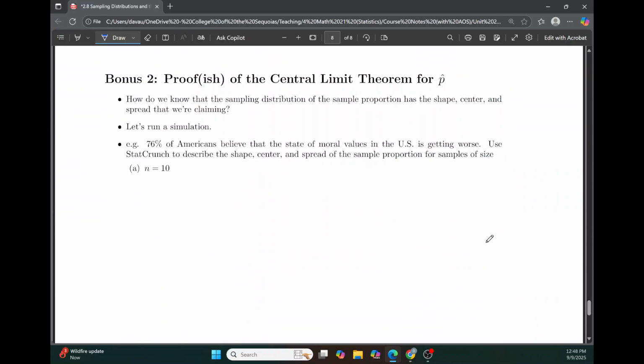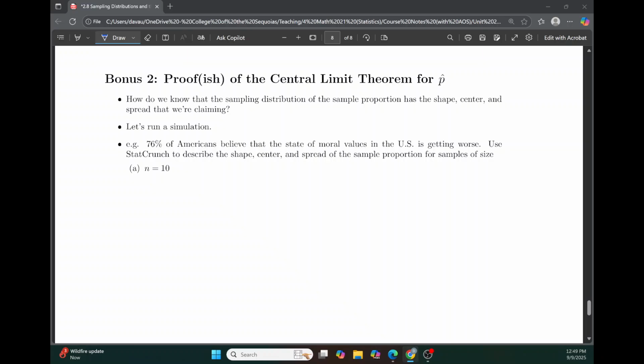Okay. Let's look at some evidence in favor of the central limit theorem for p hat. This one is even more strange in my opinion because for p hat we're going to be drawing from a binomial distribution, right? A binary distribution, and yet the claim is that when we collect all of the various sample proportions, we're going to get something that's bell-shaped, okay?